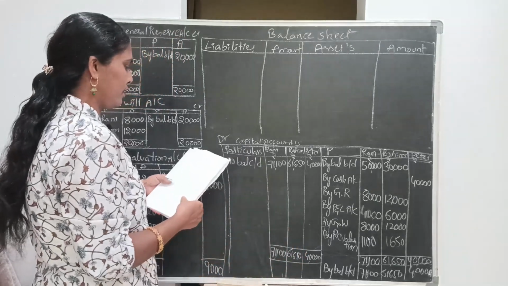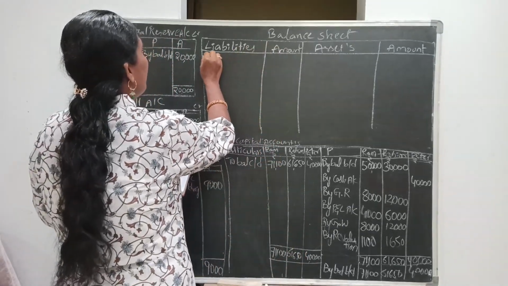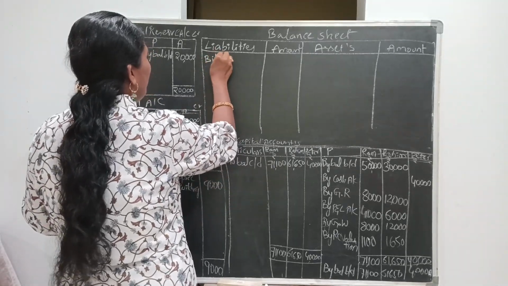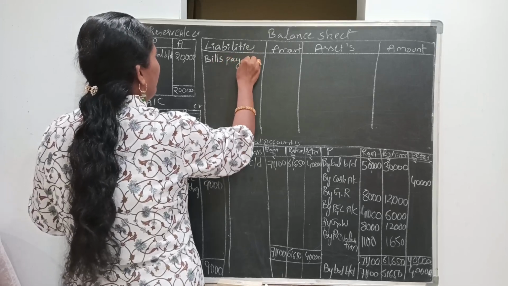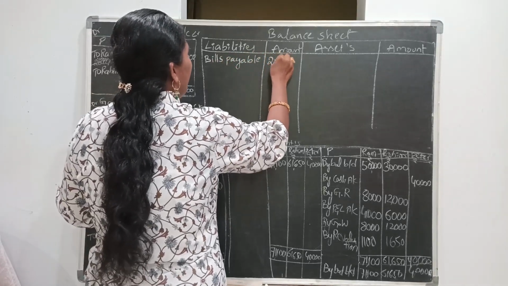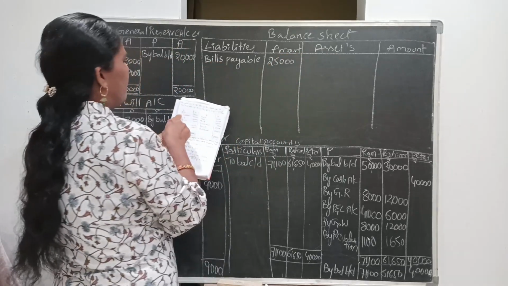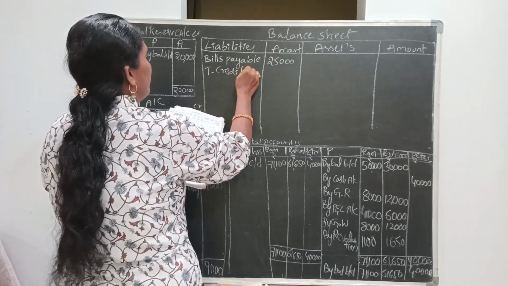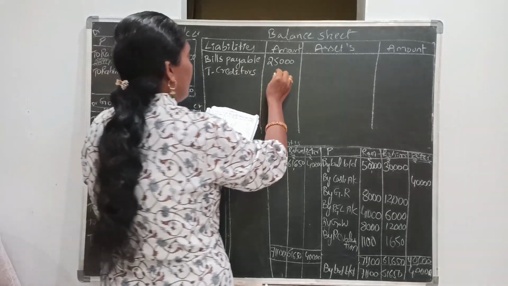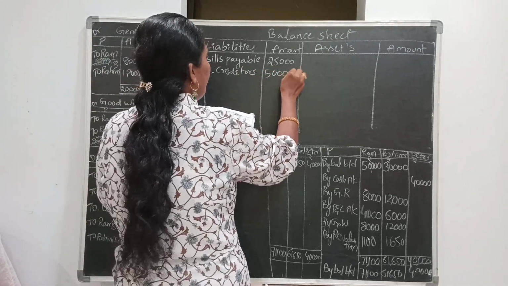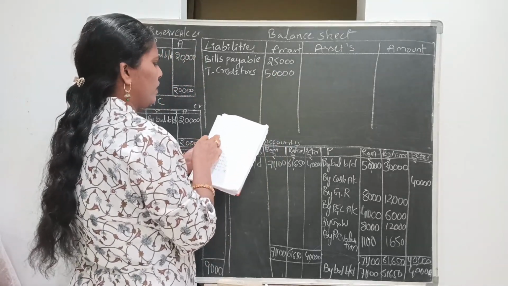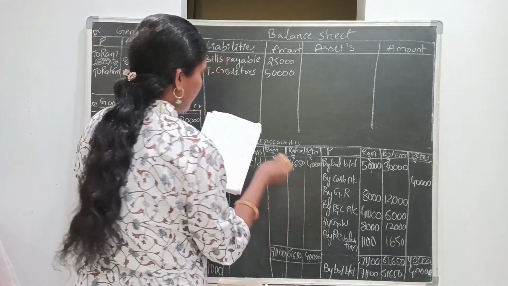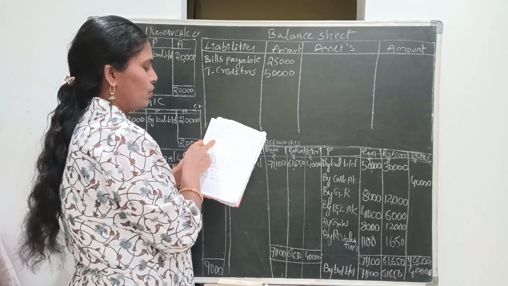So first we'll post liabilities. Bills payable 25,000. Next trade creditors. What is the amount of trade creditors? 50,000. Next, general reserve and P&L account we have already created and adjusted to the capital accounts, so no need to enter these two amounts.